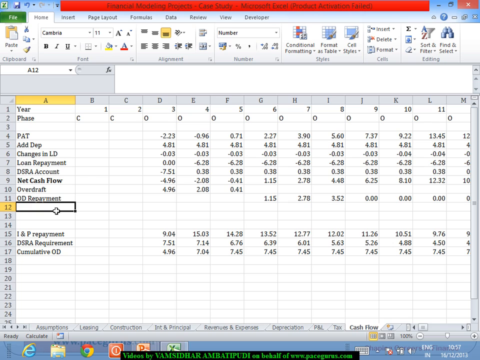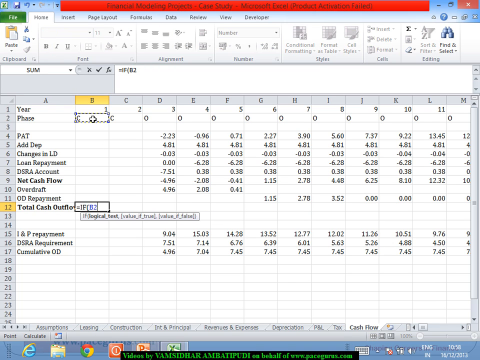So these are the OD repayments from my side. Then the next thing we are trying to consider is the total cash outflow, probably taking the net cash outflow even after considering it.